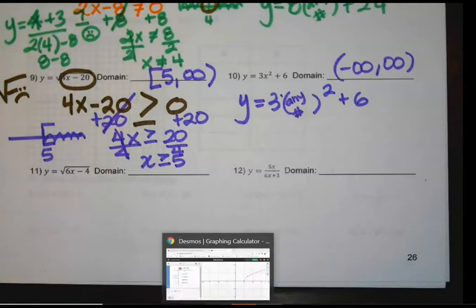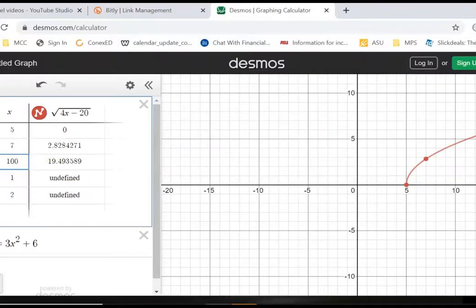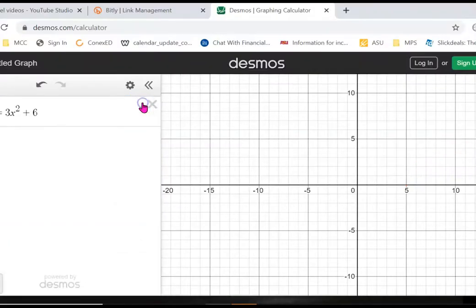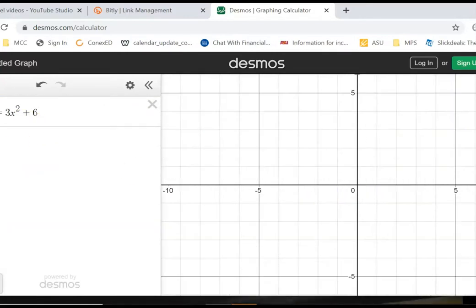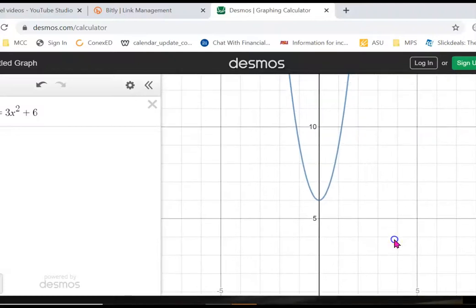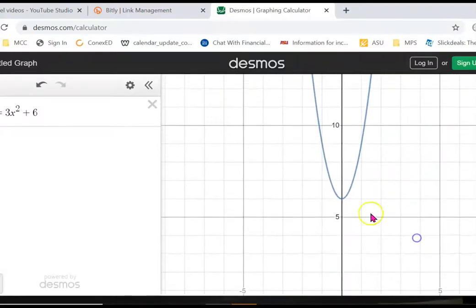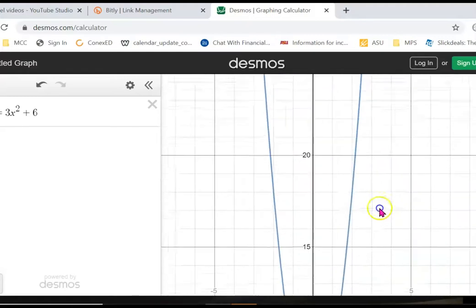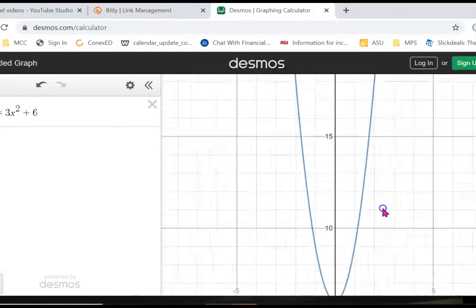Now if we check that with the graphing calculator, that's the graph for number 10. You can see on the left it's going infinitely, and on the right it goes infinitely. It keeps going and going and going.